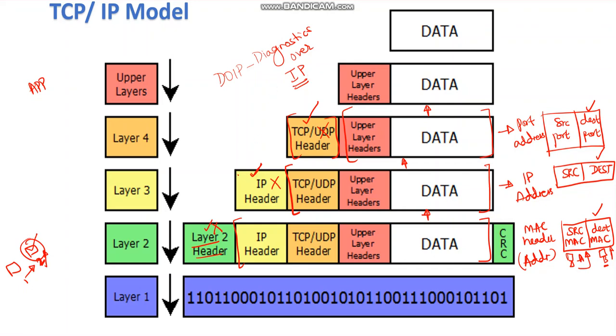Because we are using internet, we are using IP addresses for communication. So this will have a DoIP header, which includes protocol version and the header information, which is validated as per the configuration of the ECU, and it removes the header and sends it to the upper layer.